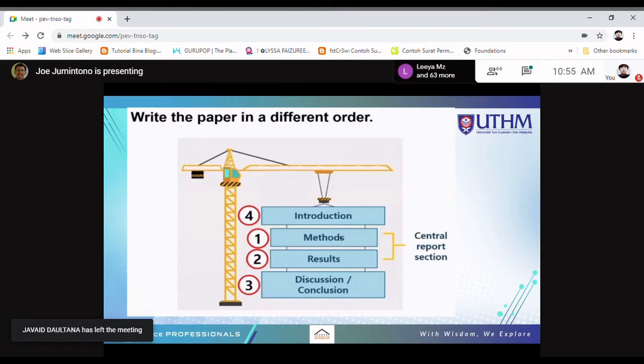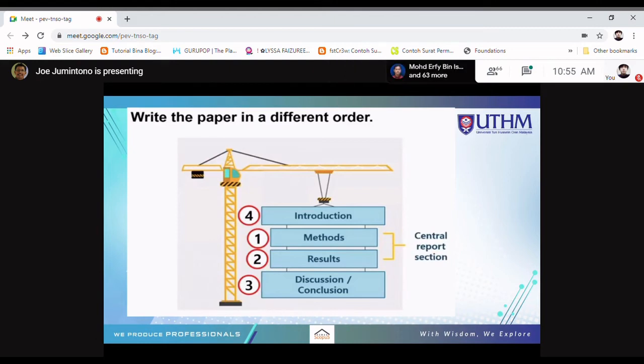After writing method, result, and discussion. So method, result, discussion, and conclusion I do first, and then the introduction I do later. This is based on our experience. This is very useful for me because method, result, and discussion are already done, right?